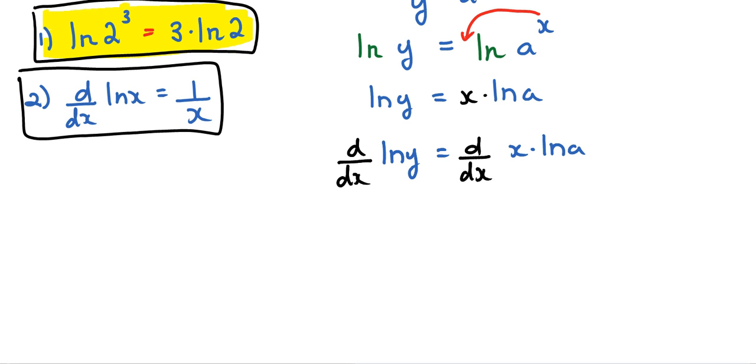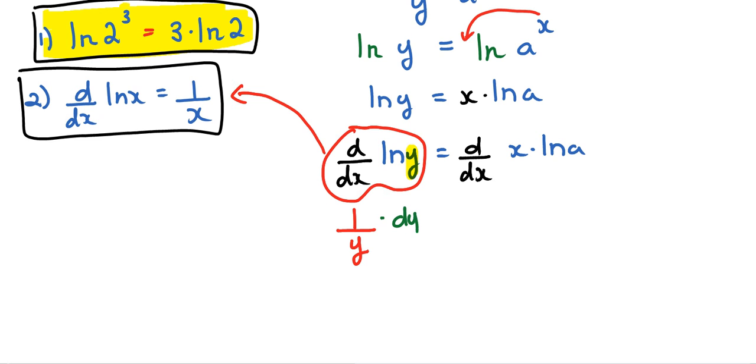Alright, so let's go ahead and take the derivative of the left-hand side and the right-hand side. To take the derivative of this expression, you're just using statement number 2. So this will be 1 divided by y, but then you need to apply the chain rule and take the derivative of y, which is dy by dx.